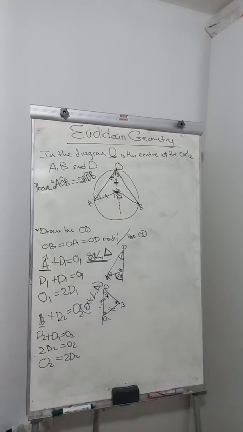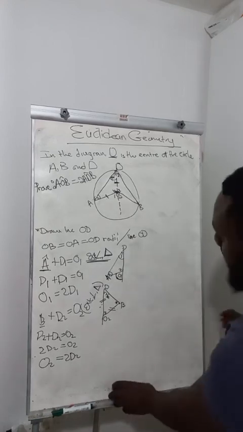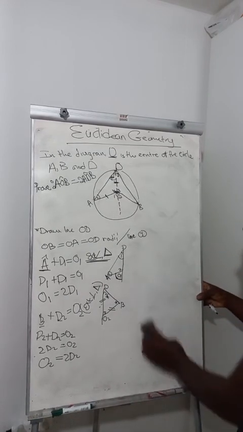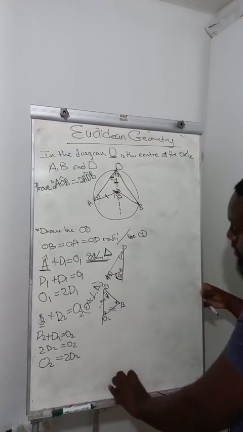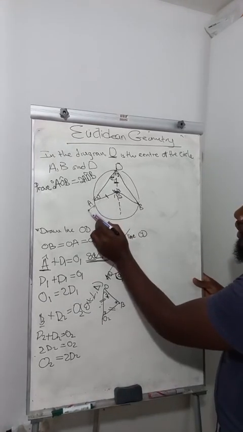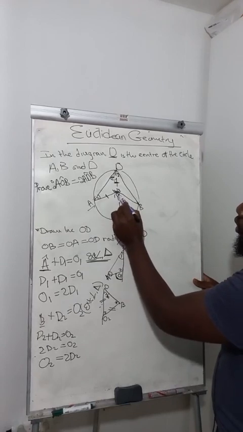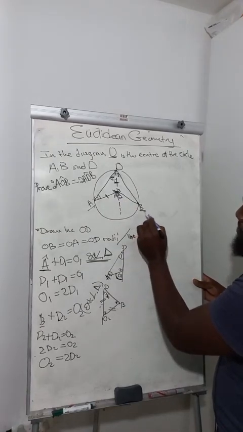Now, after having something like that, what does this mean? Let's try to check. You have A, O here, and then B here.